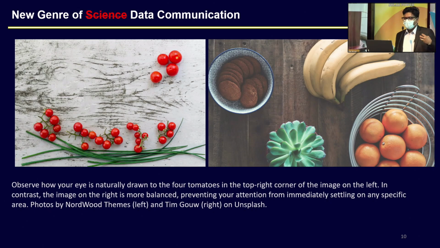The psychology of visualization comes from the attention that we give. For example, if you look at the left-hand side image and the right-hand side image there, you tend to feel that the left-hand side, the 4 tomatoes up front, at the top side of it, gets more attention because they are isolated, as well as colorful, and they are at the corner of the visual.